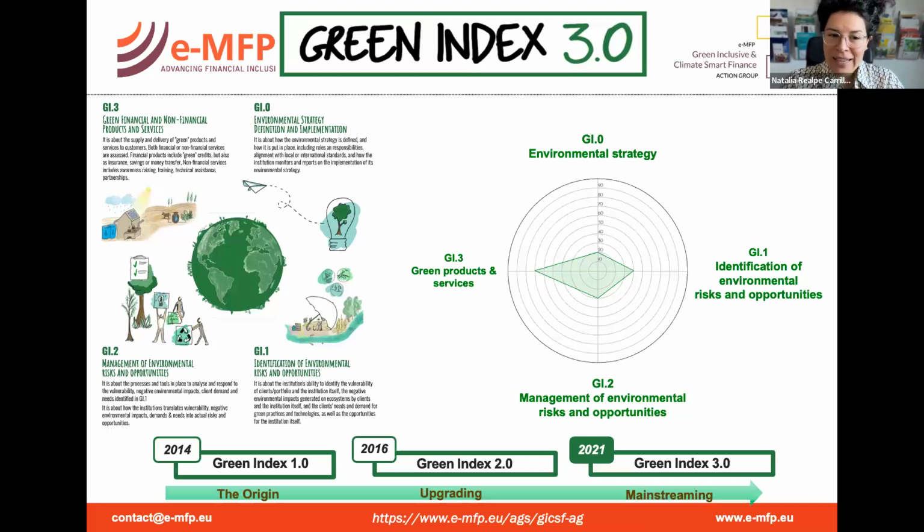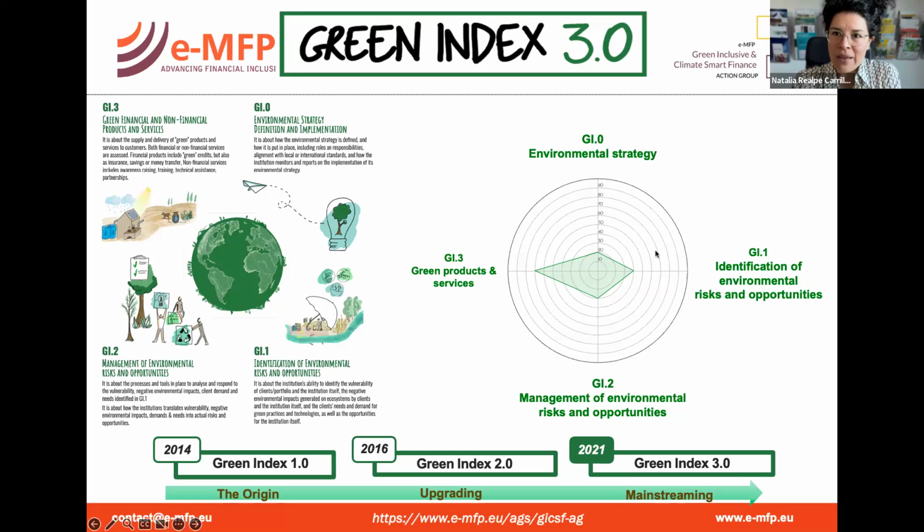So the Green Index has these 4 dimensions: environmental strategy, the identification of environmental risk and opportunities, management of those environmental risk and opportunities, and the 4th one, green products and services.